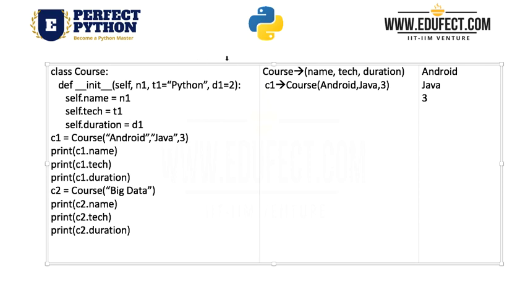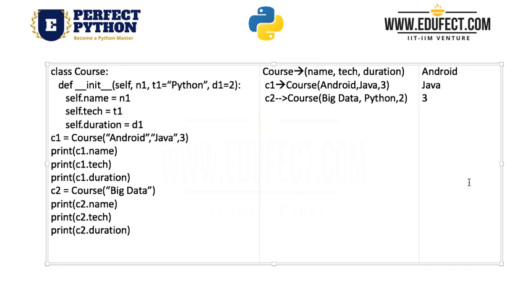Now we are saying here C2 is equal to course big data. Now notice in this case our constructor had 3 attributes, but we are using only one parameter. So will we get an error or will it work? In this case we will not get an error because both these parameters have default values. So we will use the default values in that case. So C2 will be an object of type course, and n1 is big data, so it will get big data, and it will get default values for t1 and d1, so default values for tech and duration, which will be Python, comma 2.